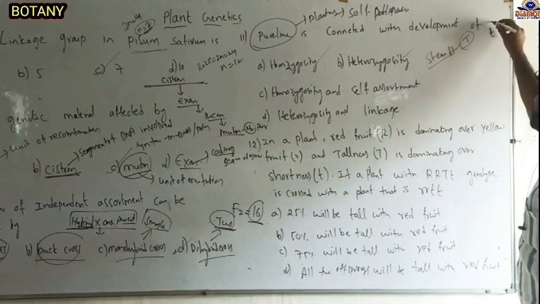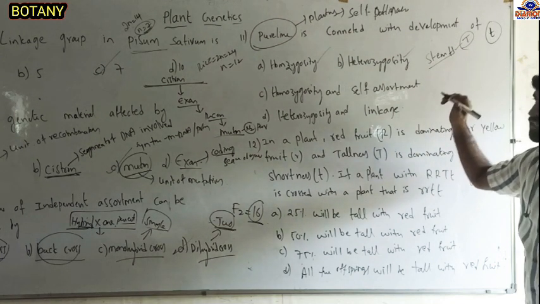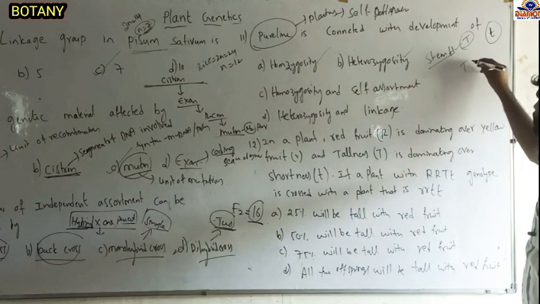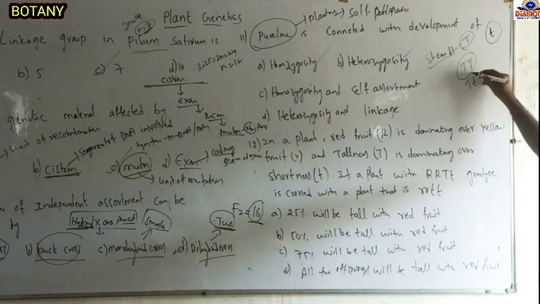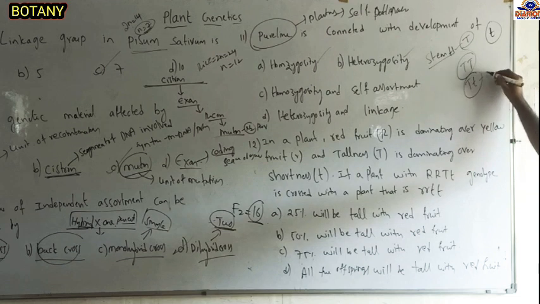If the two alleles are the same, that is called homozygosity, meaning capital T capital T. If the two alleles are present in a different condition, we call it heterozygosity.